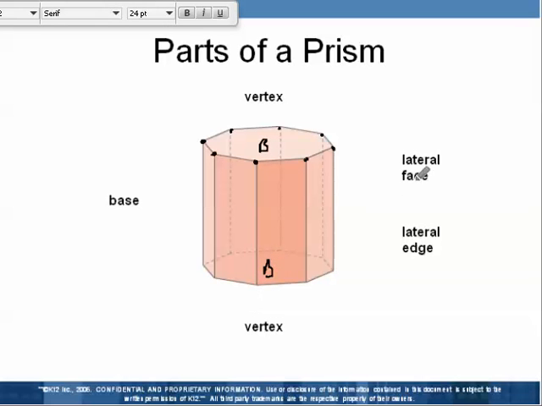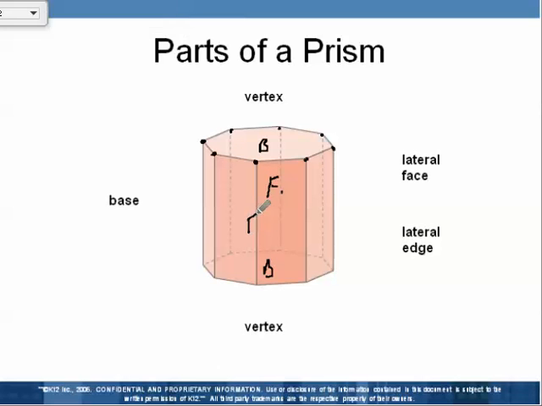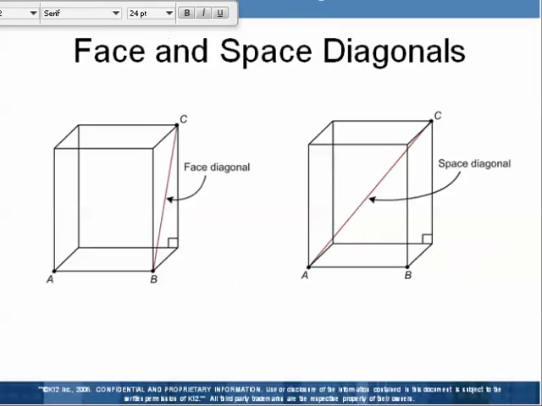Okay? The lateral face. A face is some area here. So this would be a face right here. Lateral meaning it's connecting the two bases together. That would be a face. An edge would be this thing right here. It is the line that connects two vertexes together. Those are the parts of a prism that we're going to refer to.